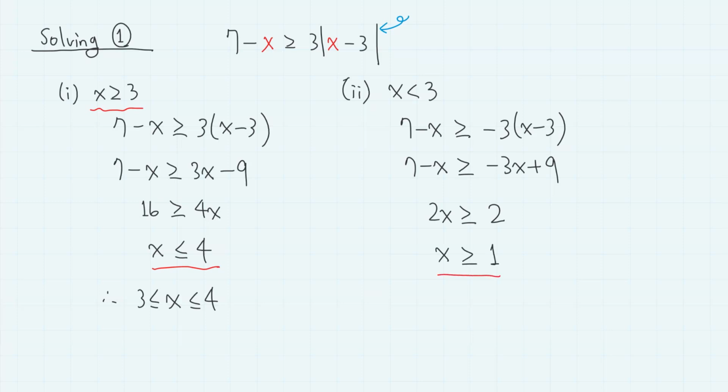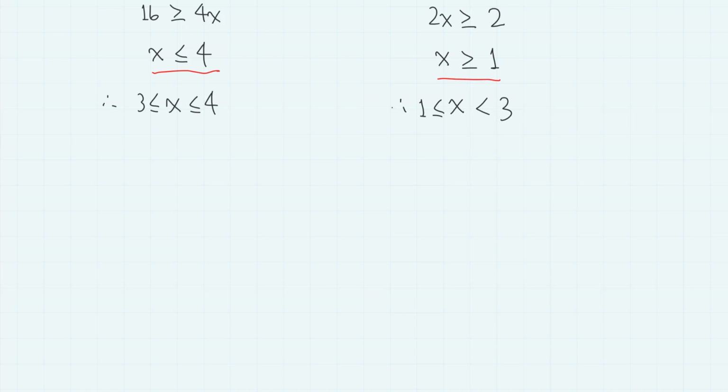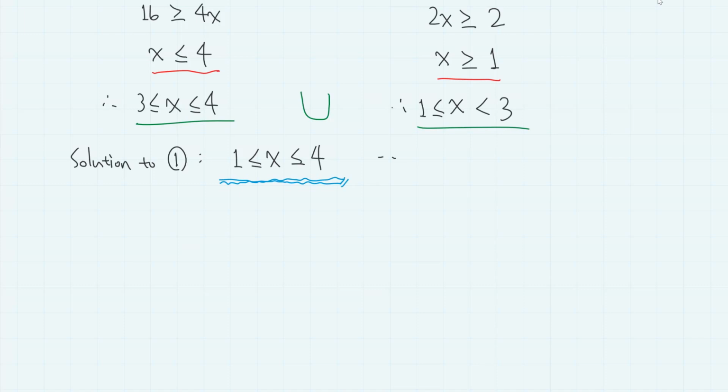So the common range between this and x is less than 3 is x is greater than or equal to 1 and less than 3. The solution to inequality 1 is the union of these two, which is x is greater than or equal to 1 and less than or equal to 4. Let's call this range 1 prime.